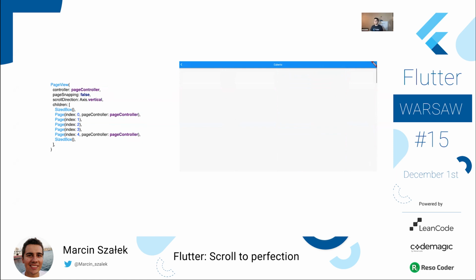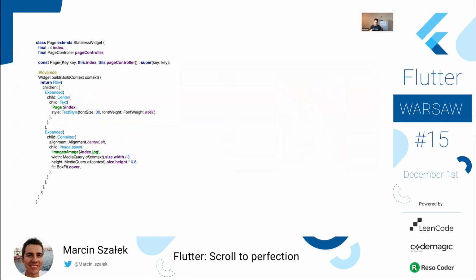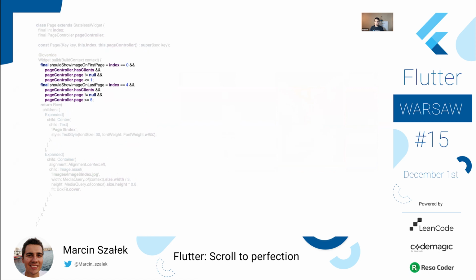So we can go back to our page and add some more customized logic. What we want is to hide those images. We want to display this image only before the page is equal to 1 and after the page is equal to 5.